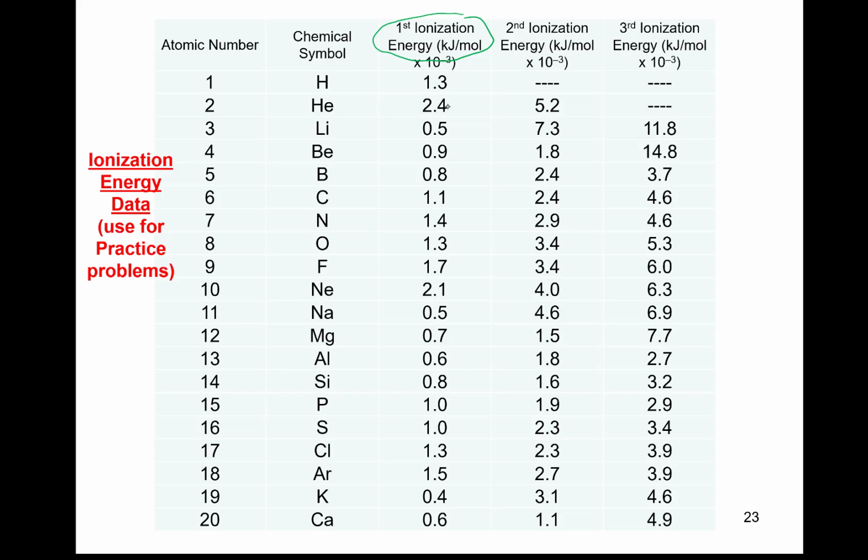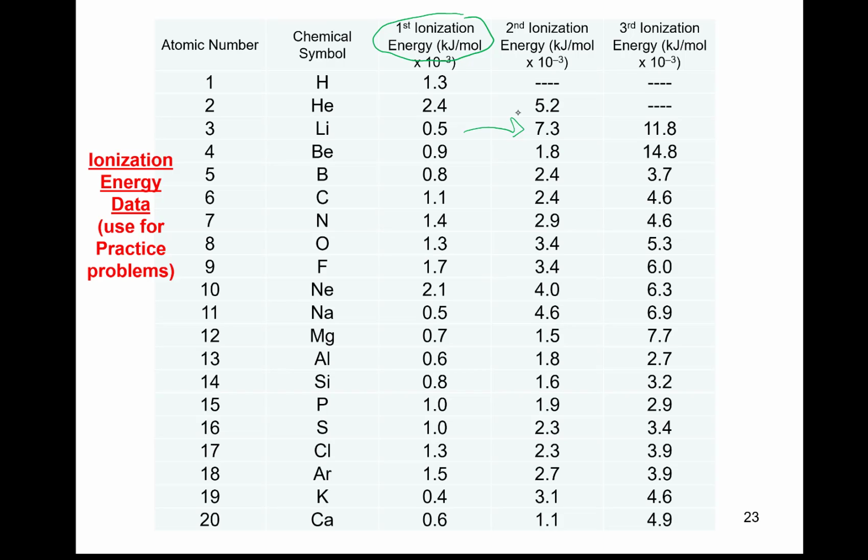Once it loses that first electron though, it doesn't want to lose another, so it's going to take a lot of energy to remove a second one. That's why the energy really jumps when you go from the first to the second ionization energy. It goes to 7.3, and then the third ionization energy, how much energy it takes to remove that third electron, is a high number as well.